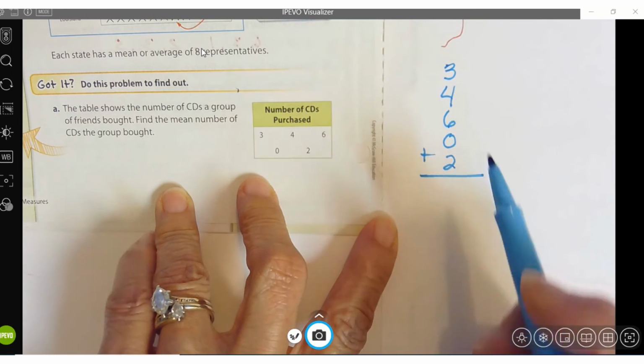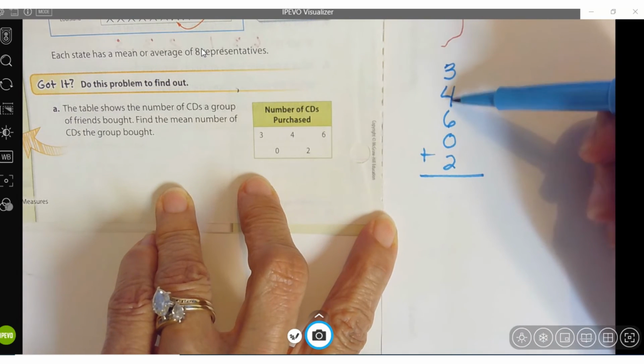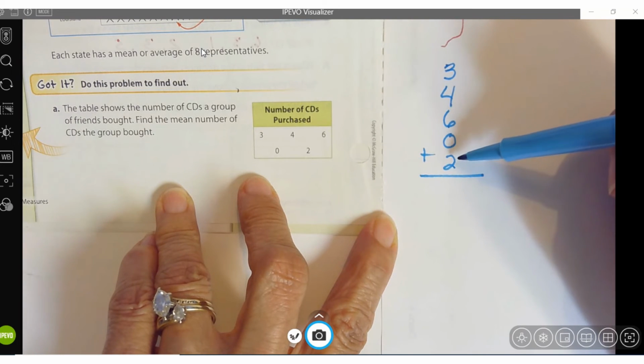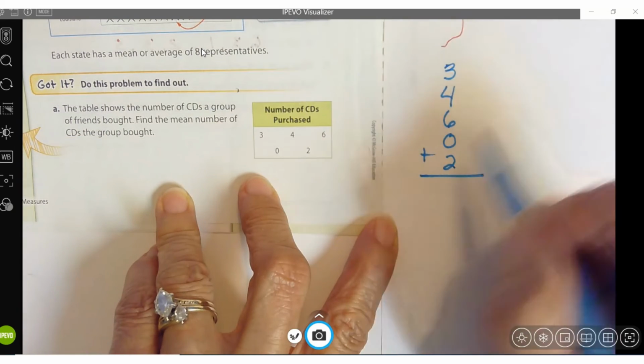It is important that a number with no value, a 0, is still considered an item. Remember that. It's considered a piece of the data, students. So we have 6 plus 4 is 10, 13, 15. We have a total of 15 CDs.